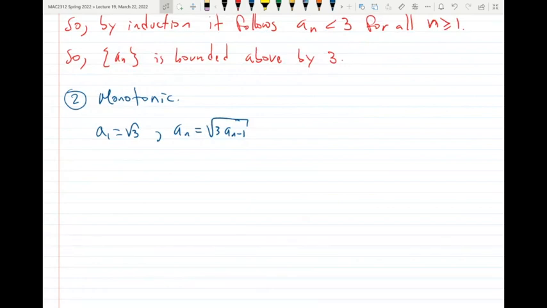That is, increasing. So how do we do that? And you prove that since the square root of 3 is greater than 1, you will always be multiplying by something greater than 1. Yes. So then it would always be greater. The next term would always be greater than 1. But no, because you're not multiplying by square root of 3.